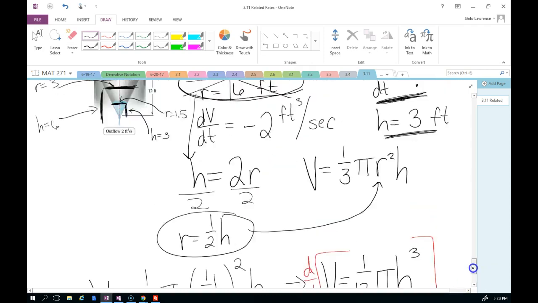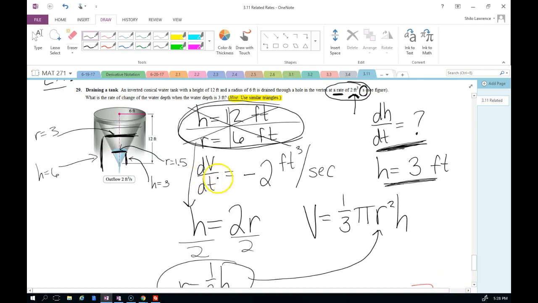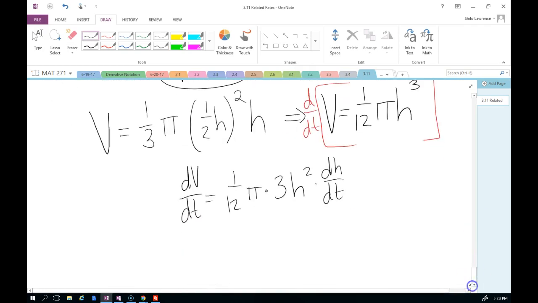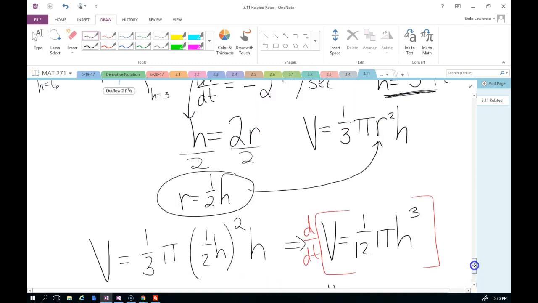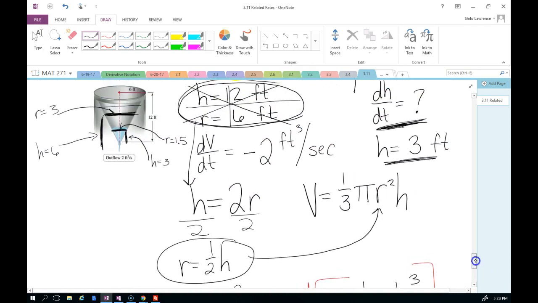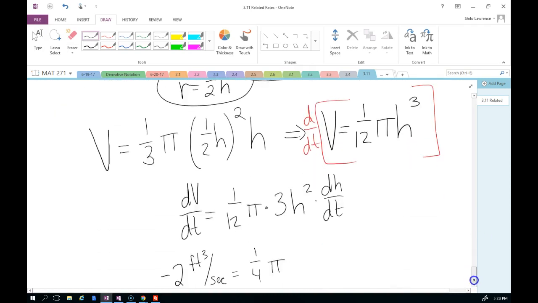And we've got some values we know we can plug in. We're told that dV/dt is -2 cubic feet per second. We also are interested in what is happening in particular when height is 3 feet.